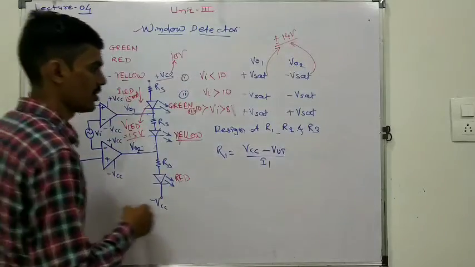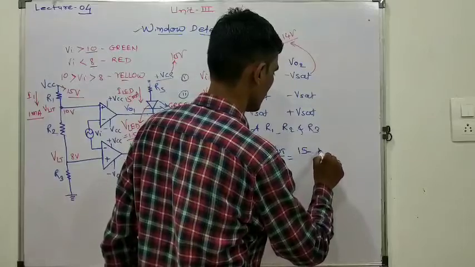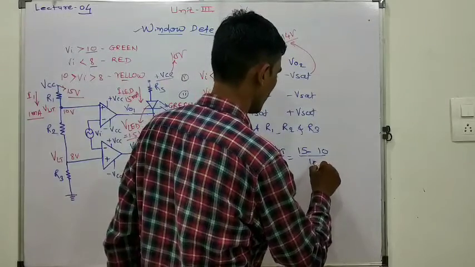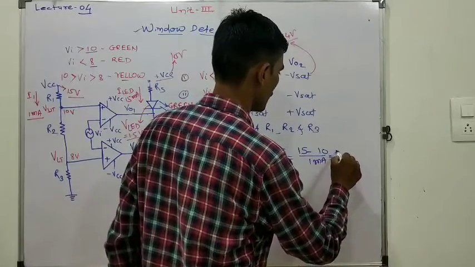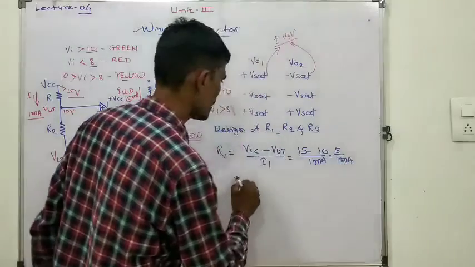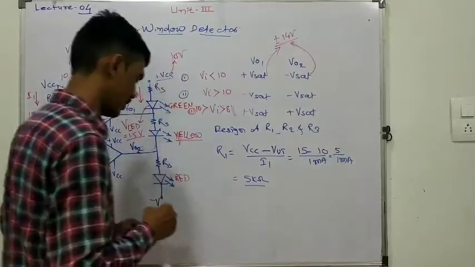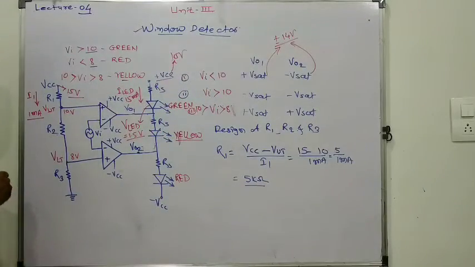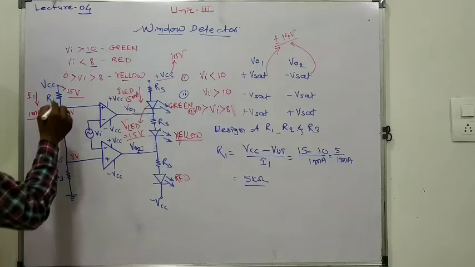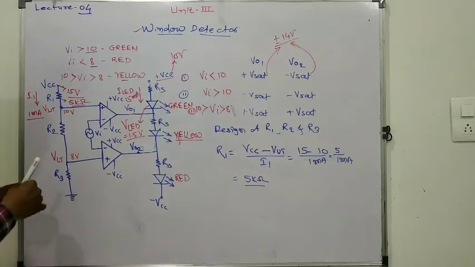So it is VCC equal to 15 volt minus 10 volt divided by 1 milliampere. So it is 5 divided by 1 milliampere, which is 5 kilo ohms. So the value of R1 is 5 kilo ohm.